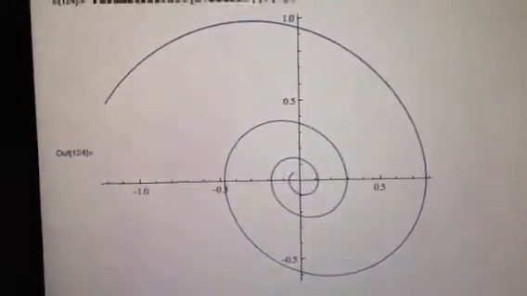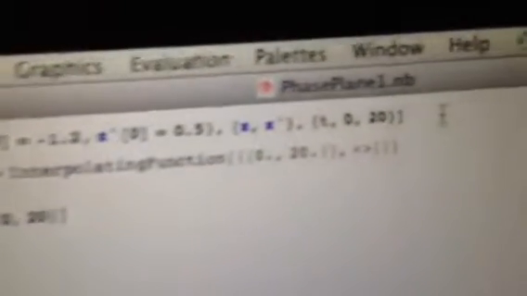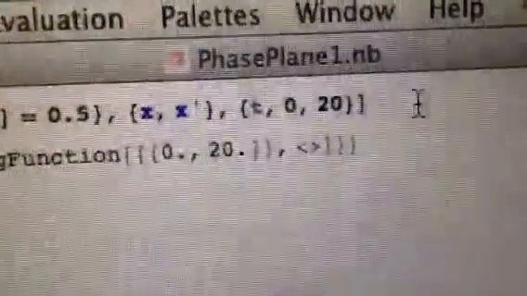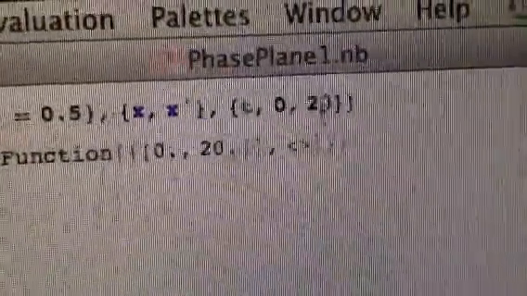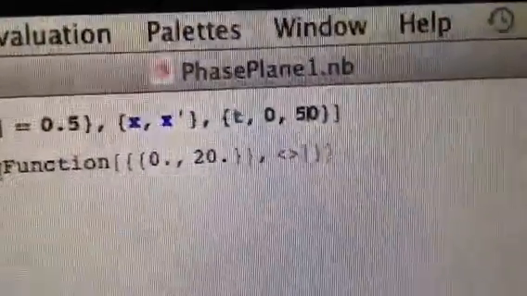To see it more clearly, let's change the upper limit of time t to 50. So I need my hands to do shift enter.